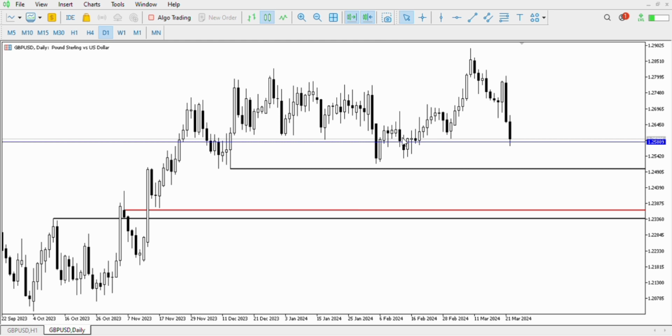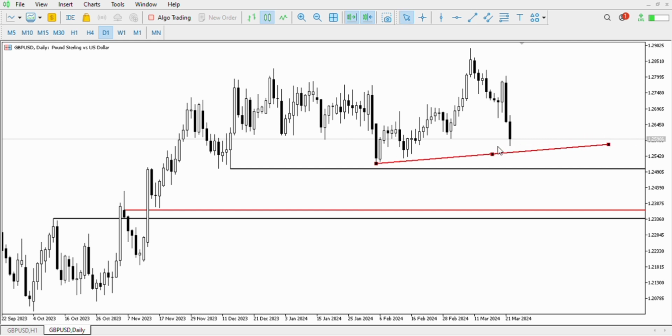Let me do this first, I need to draw a line. I used to use the color blue to mark the low I'm looking out for. So it's at 1.25181.